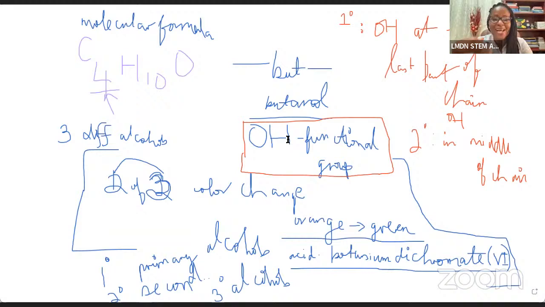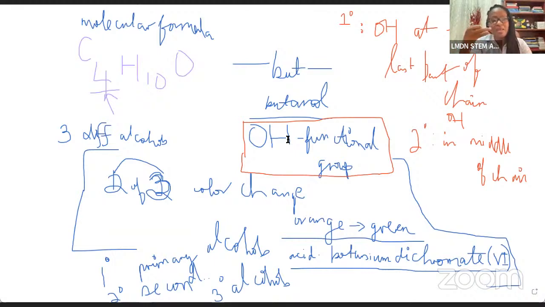And so when you react that particular one with potassium dichromate, you don't see a color change because it's not oxidized, right? The alcohol is not oxidized by the dichromate, and the dichromate by extension is not reduced as a result of that interaction. And so there's no color change that you see from a dichromate standpoint, right?